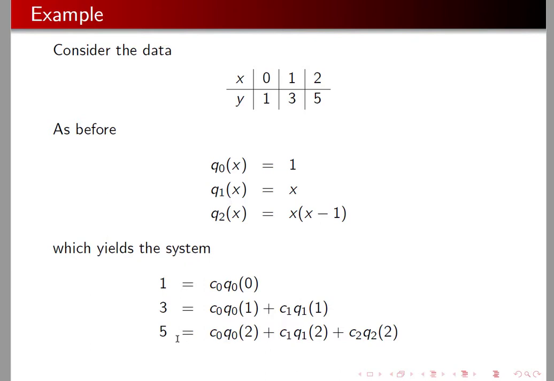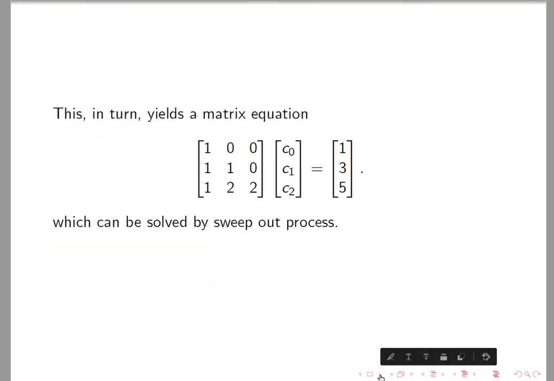And finally, 5 is equal to c0 q0 of 2 plus c1 times q1 of 2 plus c2 times q2 of 2. And this gives us a matrix equation that we can solve by the sweep out process. But notice this is going to be simpler, right? Because the upper triangular part is 0.